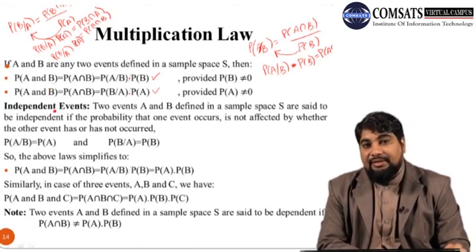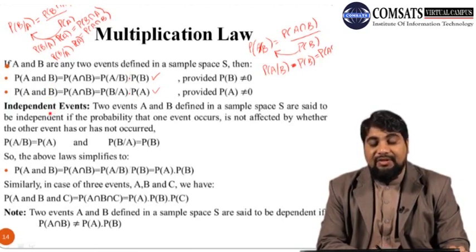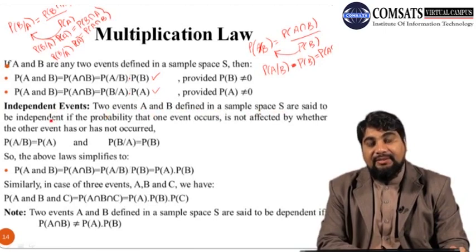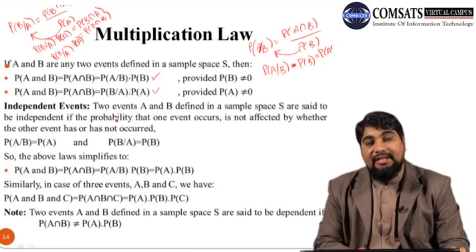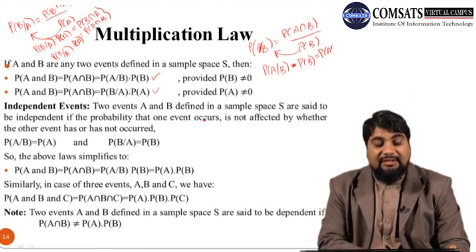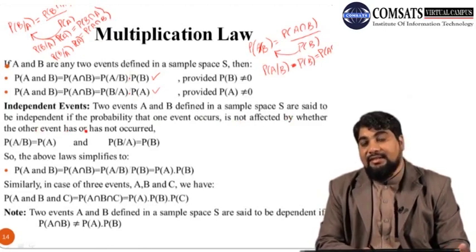Now we discuss one simple definition related to independent events. Two events A and B defined in a sample space S are said to be independent if the probability that one event occurs is not affected by whether the other event has or has not occurred.